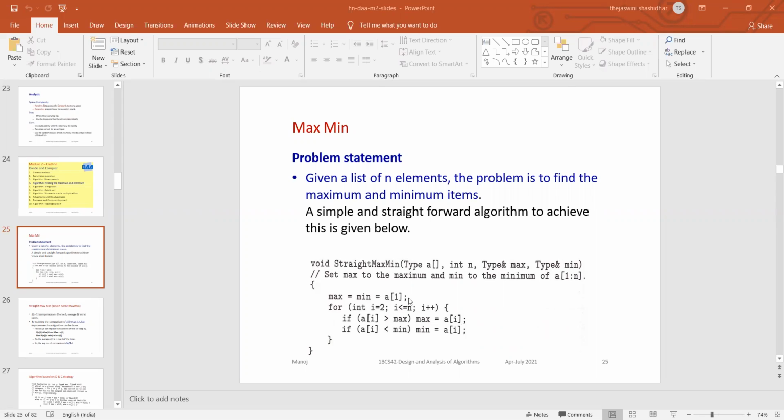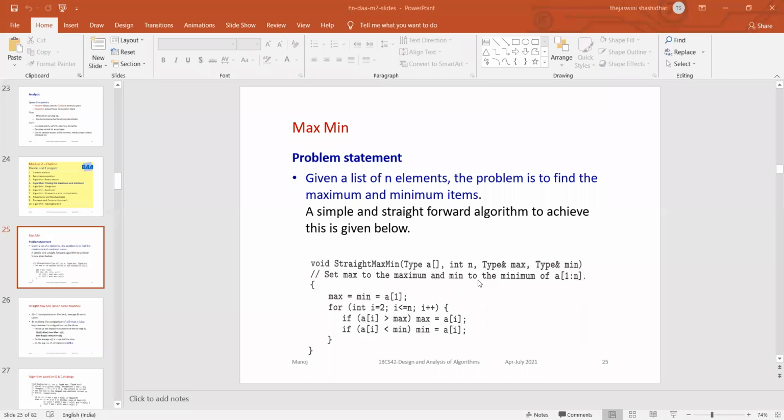So currently, what do min and max point to? Initially, what will your min and max point to?